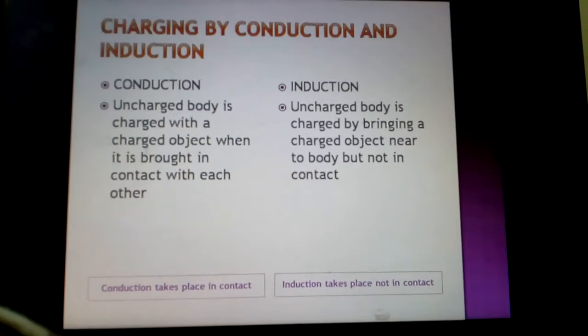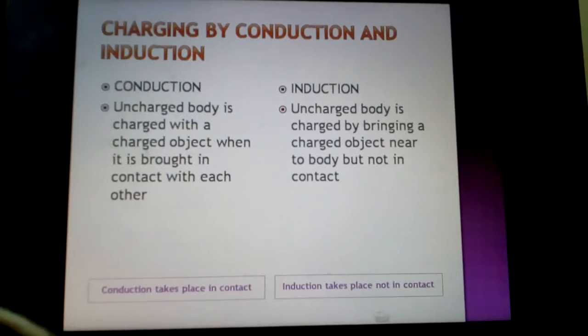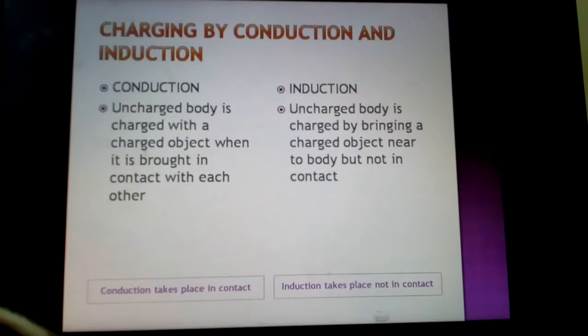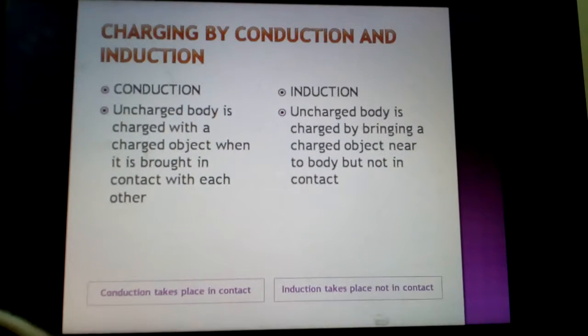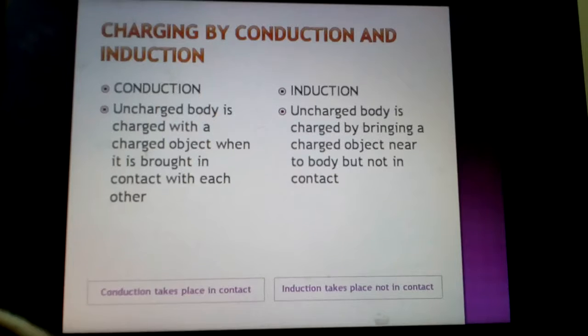Now the charging by conduction and induction. First of all, we are discussing conduction.